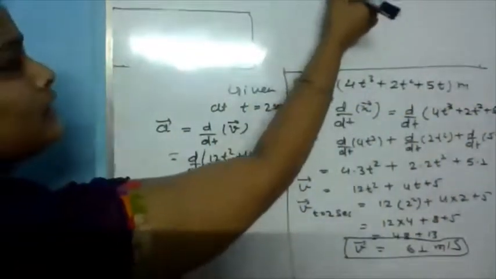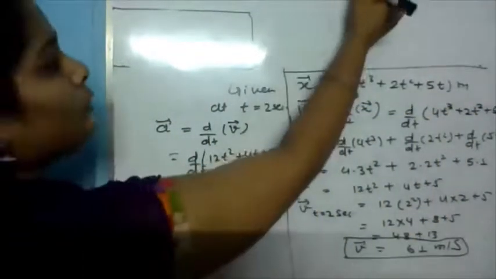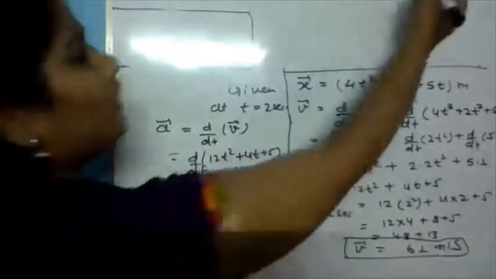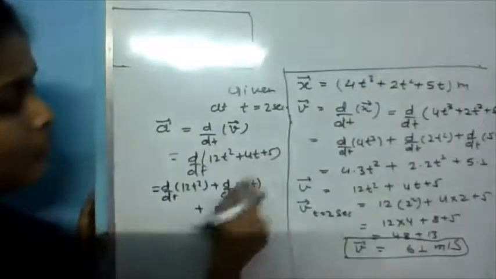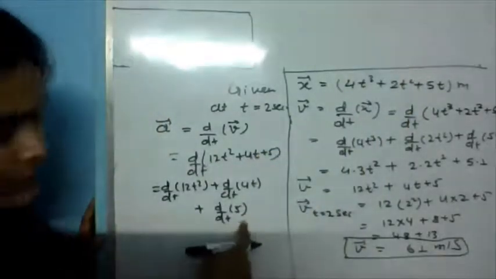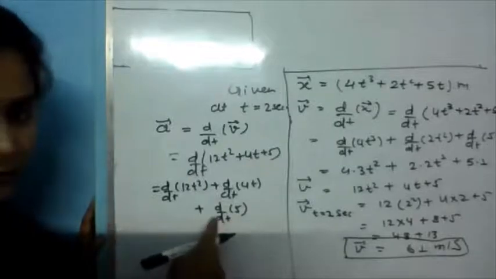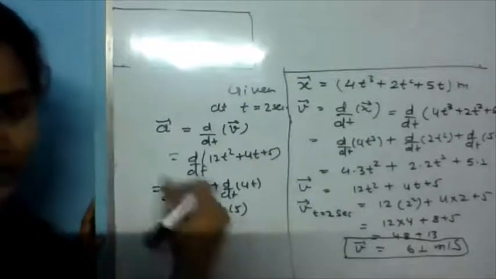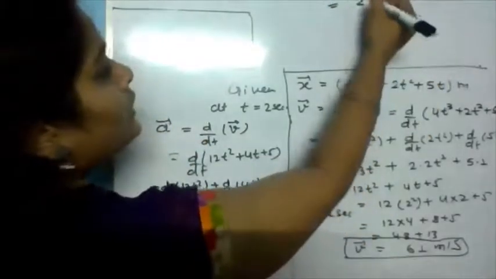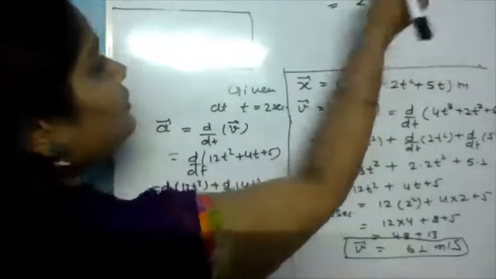So acceleration equals 12 times 2t to the power 1, plus 4, because dt upon dt is 1 and 5 is a constant. If I am differentiating a constant function with respect to time, then I will get 0. So this is 0. This is your 24t and this is 4.